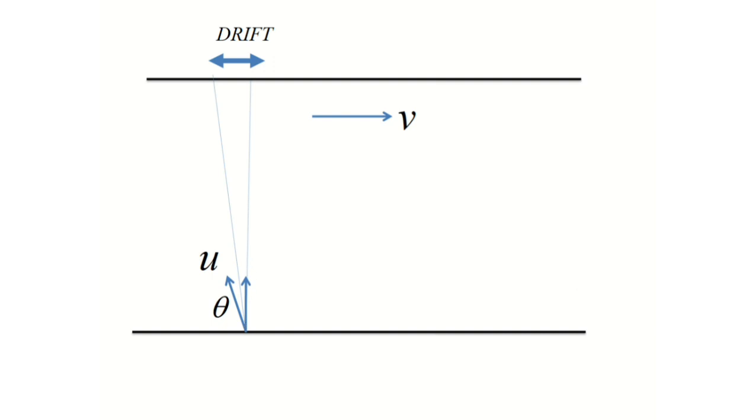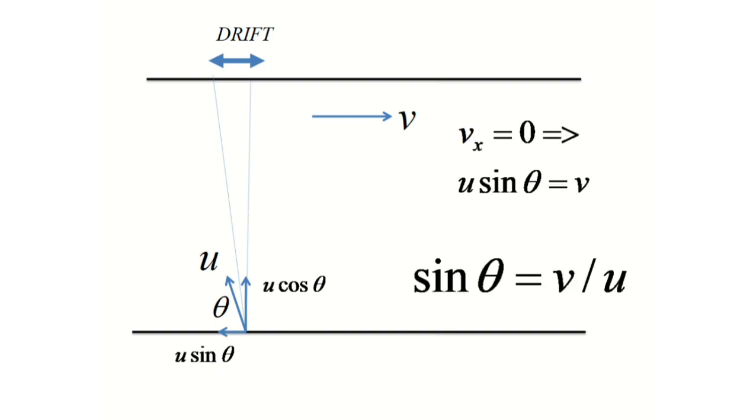So let's say he swims at an angle theta from vertical, and if we resolve the vector of velocity of swimmer in vertical and horizontal components of u cos theta and u sin theta, and now we want drift to be minimum, and drift is formed because of some velocity in x direction.